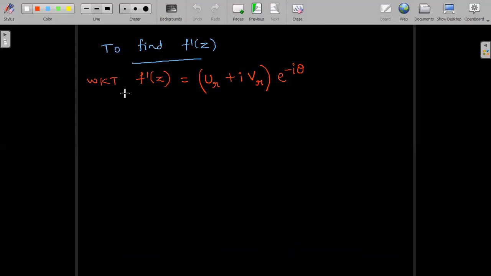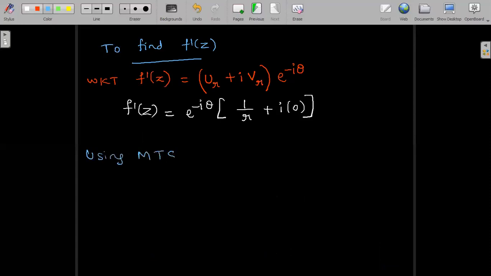So f dash of z is, first I can write down, e power minus i theta into u_r, which is 1 by r, plus i into 0, since v_r is 0. Now we make use of the Milne-Thomson substitution. Using the Milne-Thomson substitution in the polar representation, put r is equal to z and theta is equal to 0.